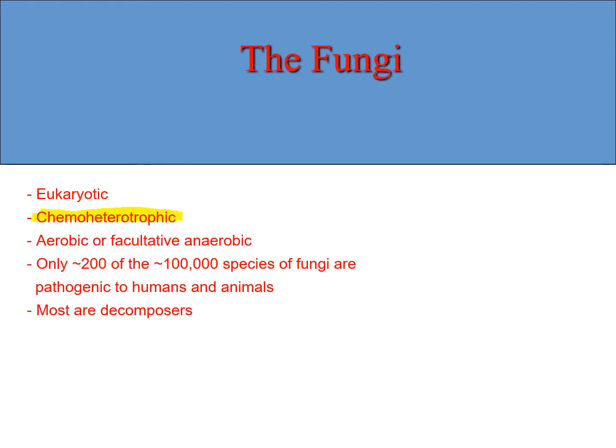Just as we are chemoheterotrophic organisms, the fungi are also. Most, not all, fungi grow on things that have already died. They are aerobic or facultative anaerobic organisms. There's only about 200 of the 100,000 species of fungi that can be pathogenic in either humans or animals. As I said, they grow on dead things mostly. Most are decomposers of things that are dead.